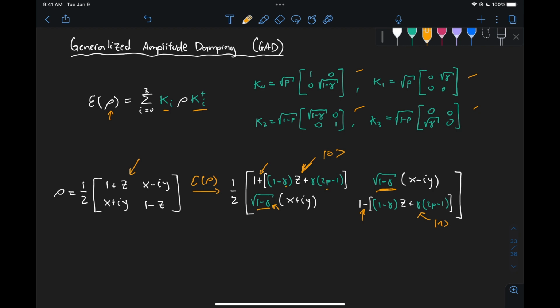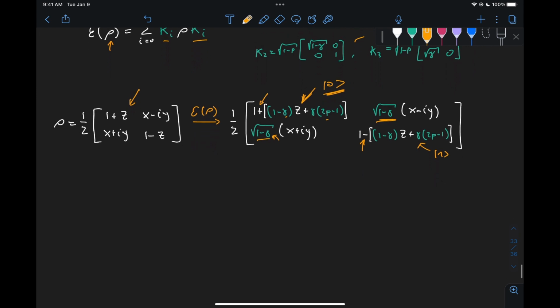So basically, this is representing that if we start with some sort of coherent superposition state, that state is going to start moving closer and closer to our zero or ground state, or what they call here the fiducial state of our system. Now, this is after the application of this map one time, but what we want to do is apply this many times to simulate the effect of a thermal bath.